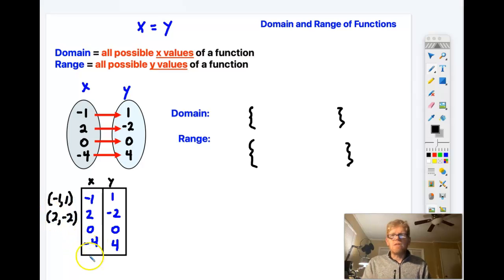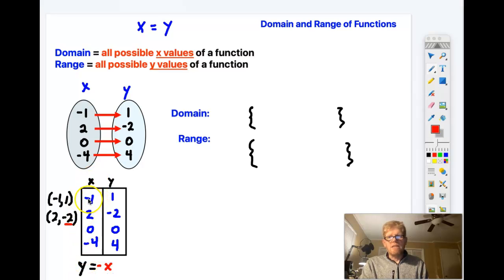This can also be represented as an equation. In this case, we are taking every x value, so we're going to say y is always equal to x times -1.